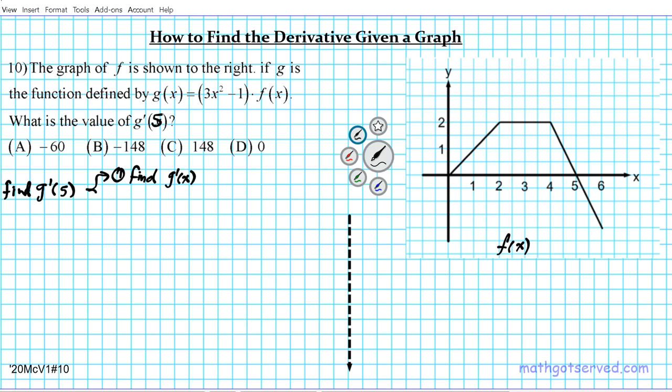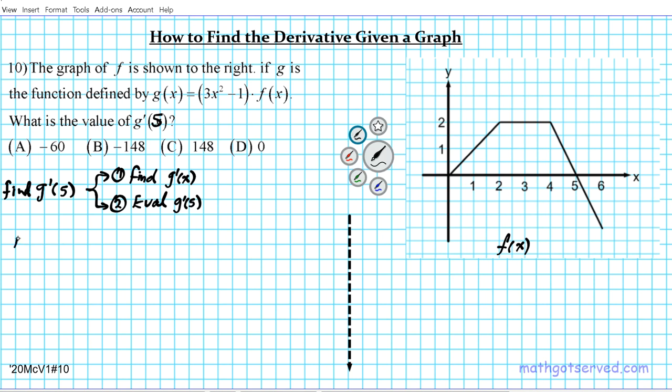And then secondly is the algebraic component where you evaluate your derivative at the specified input value, which is 5 in this case. So this, what we're looking for, is also known as the slope of the tangent line. Now, let's go ahead and get started with the first part. So for part 1, we're going to try and find the derivative of the function.